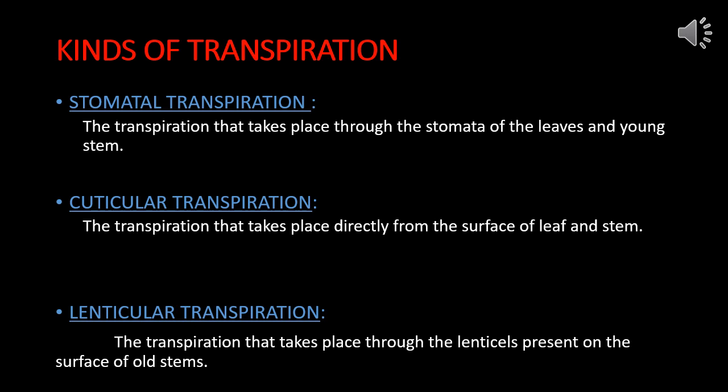Lenticels are the tiny pores on the surface of the old stem. Transpiration takes place through the lenticels. These lenticels are seen only on the outer surface of the older stems. The major part of the transpiration occurs through the stomata, whereas the other two types of transpiration contribute very little.